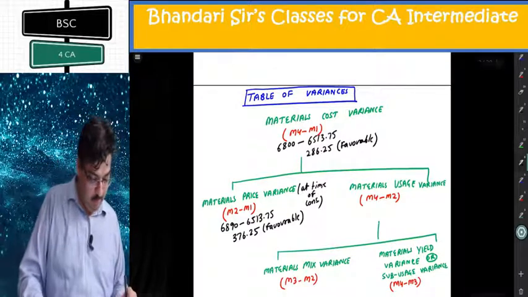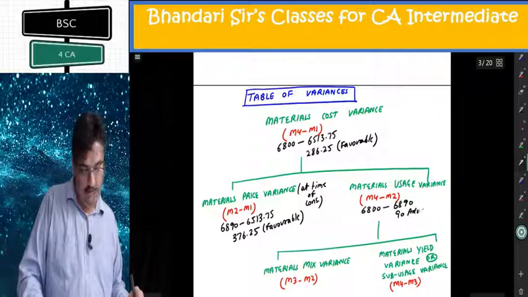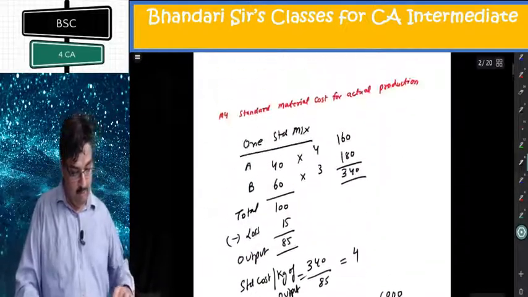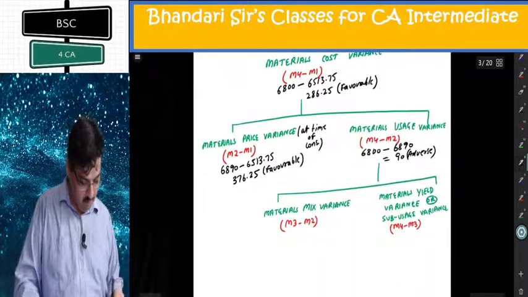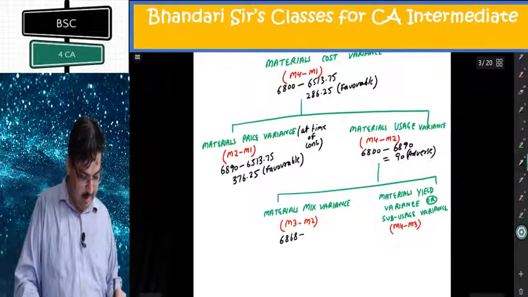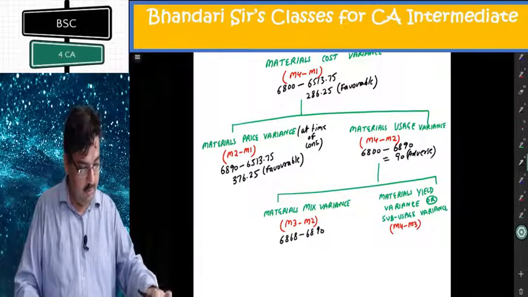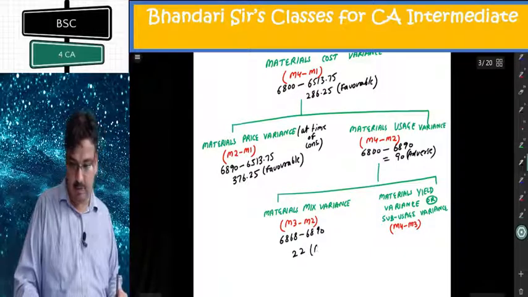M4 minus M2: 6800 minus 6890, 90 adverse. M3 minus M2: M3 we computed 6868. 6868 minus 6890, this is 22 adverse.